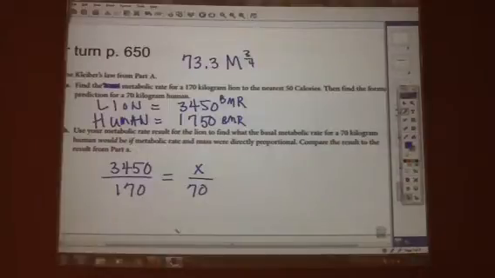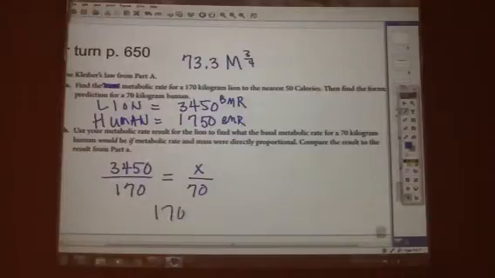1750. Wouldn't it be the same? Cross multiply. We're not looking for the basal metabolic rate, we're looking for the metabolic rate.